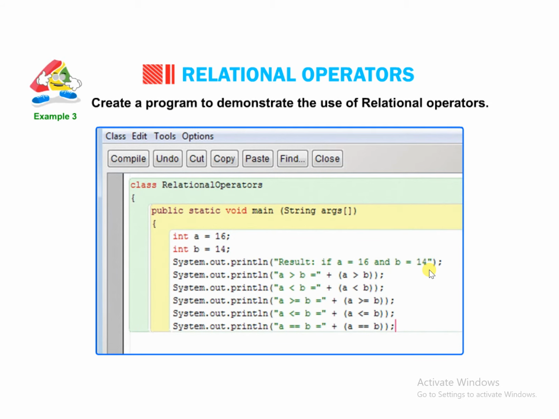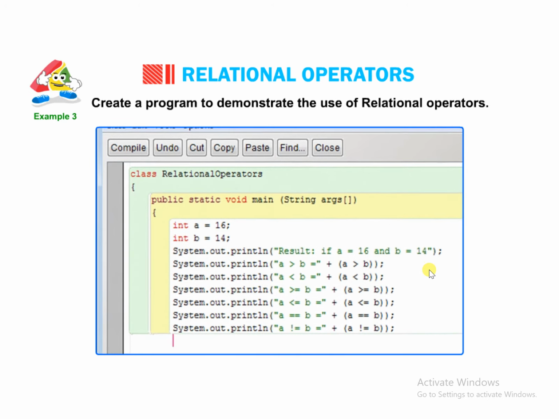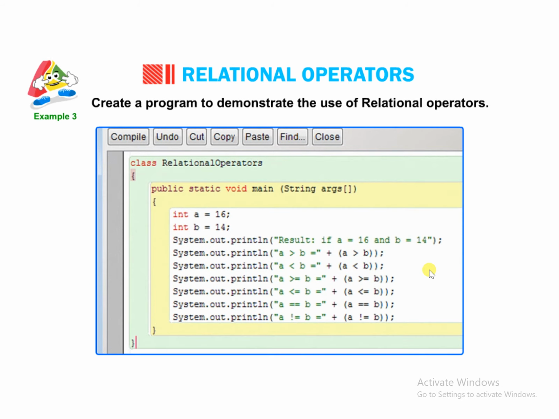Displays false. System.out.println, double quote, a not equal to b equals to, double quote close, plus, bracket open, a not equal to b, bracket close, semicolon. Displays true. Curly braces close.